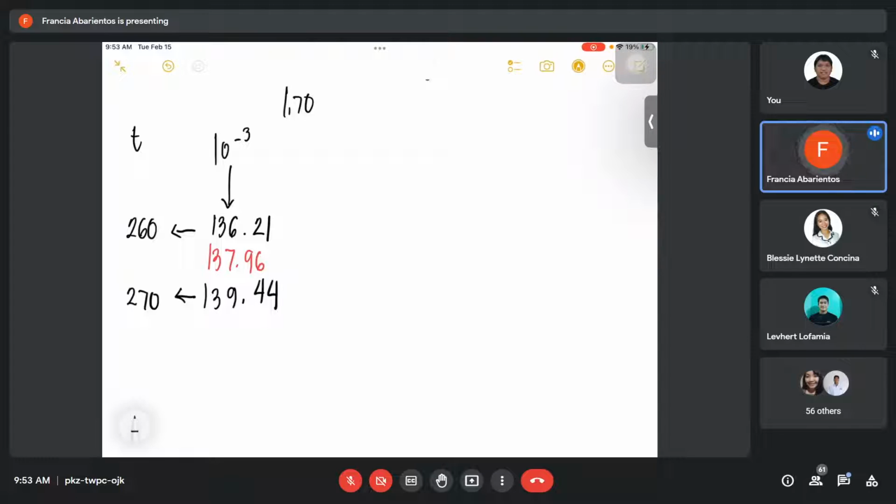Also, we have the internal energy, 2707.7, 2725.9. The H, 2939.3.